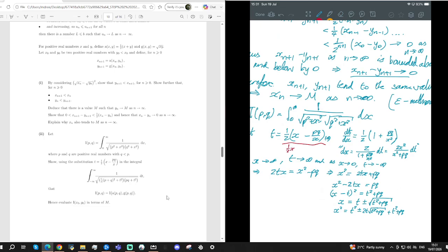If I write it out properly, do it a little bit slower than I did the first time, I do get the half, and I am going to get a plus half pqx to the minus 2, which is indeed what I've got there. The dx and multiplied back over is giving me that thing.